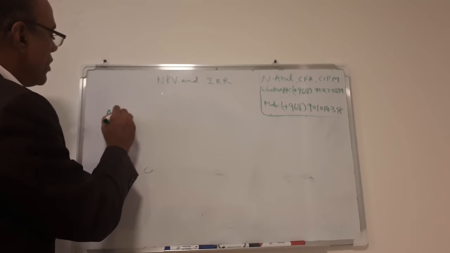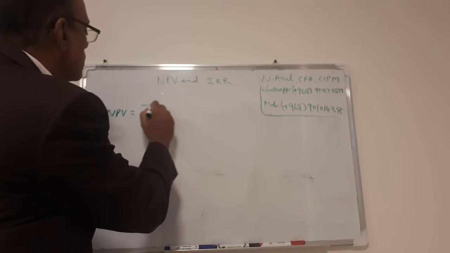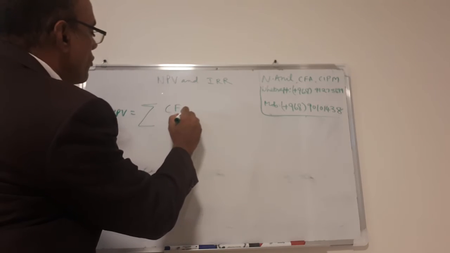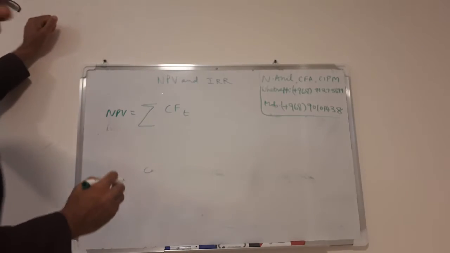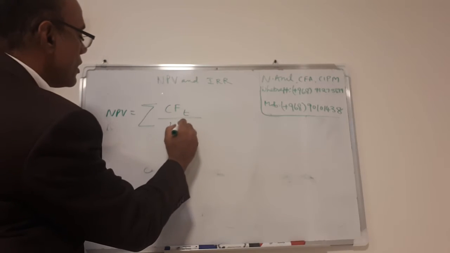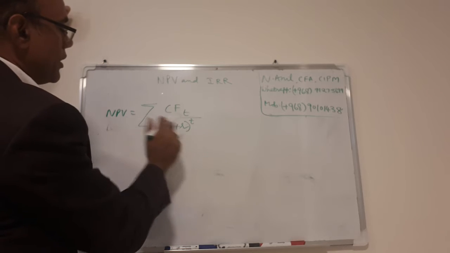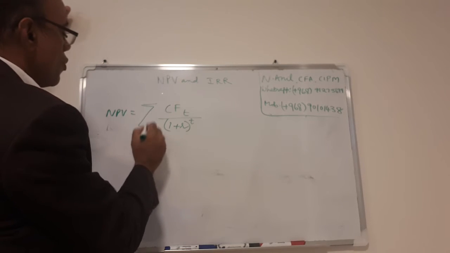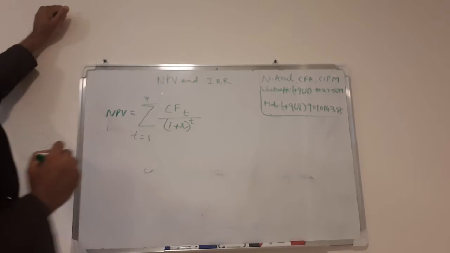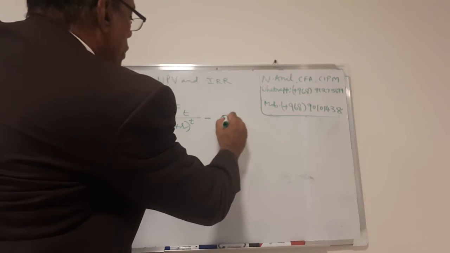So NPV equals sigma, that is the summation of cash flows occurring at various points in time t, discounted by a rate of return, t is from 1 to n. Suppose there are n periods, minus outlay.